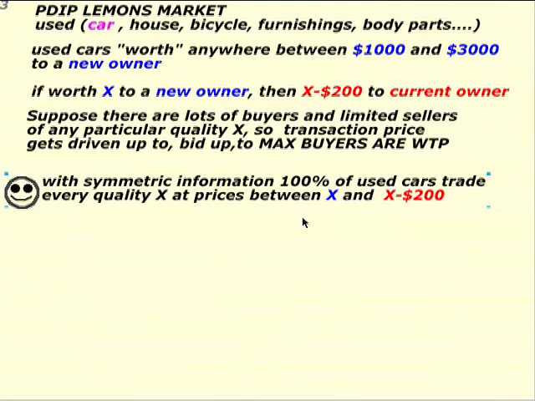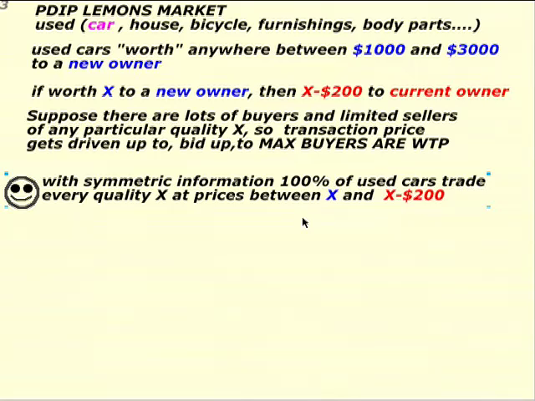Now, supposing that information about these items was symmetric, that is, both parties know, this little stamp in the forehead thing, the blue guy comes with a stamp of, say, this car is worth $2,800 to me, and the red guy says, well, this is $2,600 to me, and they'll make a bargain because 28 is more than 26, okay?